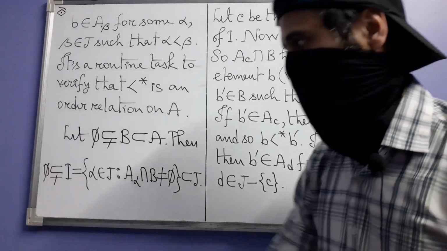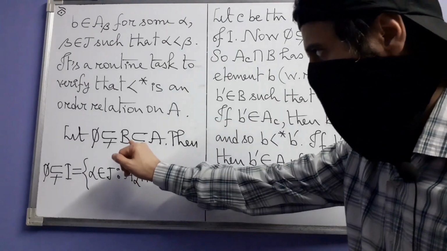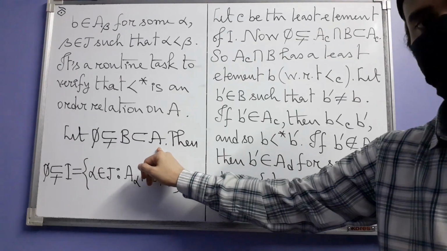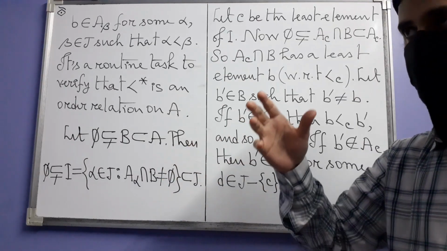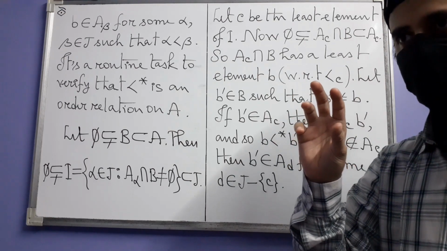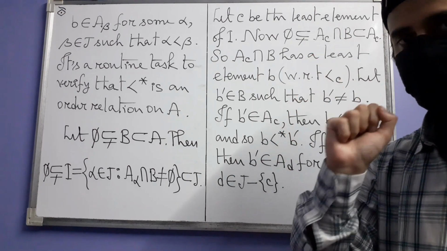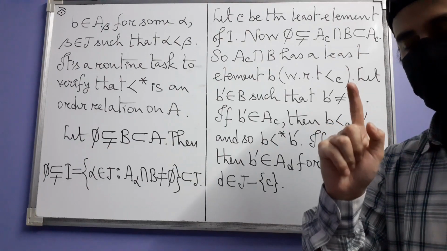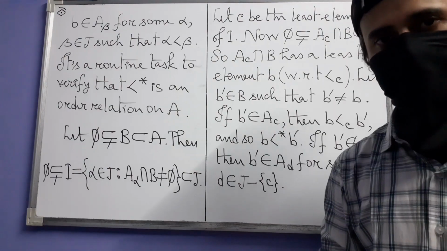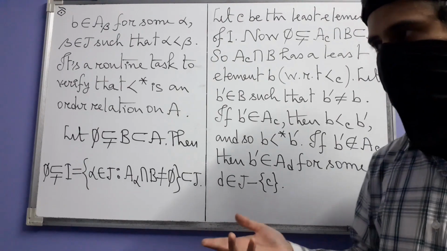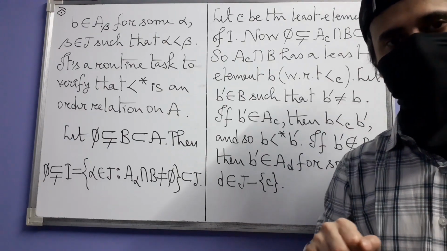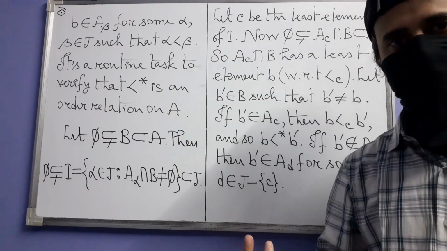Why is I non-empty though? You see, B is a non-empty subset of this A. What is A? A is the union of all the A alphas. So if B is lying there somewhere in that union and B is non-empty, B of course has to intersect at least one A alpha. Otherwise, if it is inside the union and it is not intersecting anything, then how can it be non-empty?